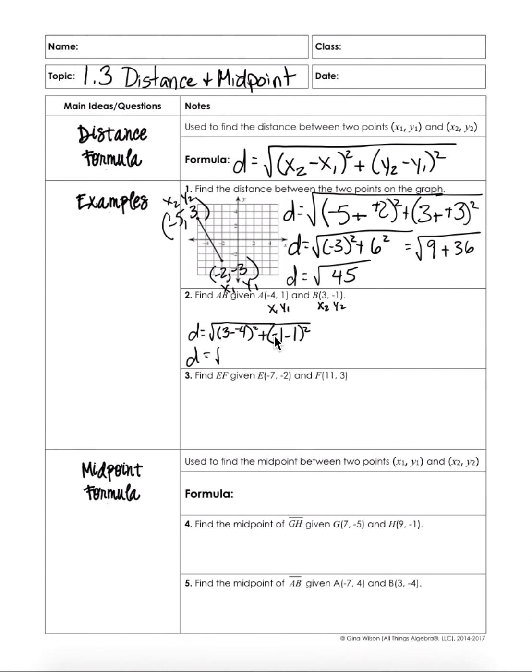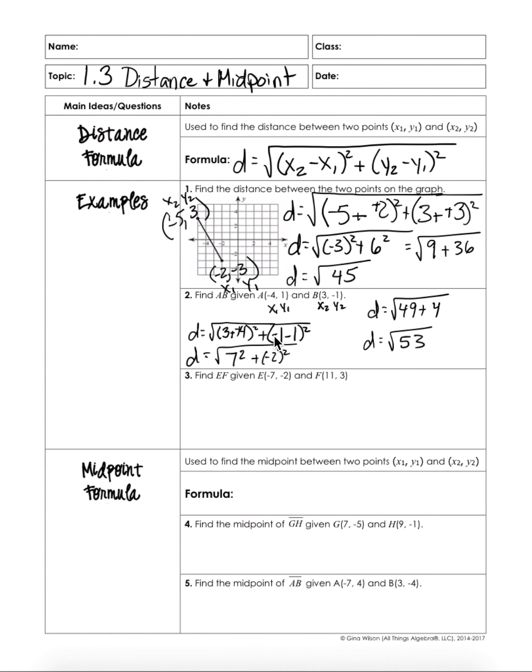So negative 3 minus a negative is going to be adding to make 7 squared, and negative 1 minus 1 is negative 2, which will be squared. And so 7 squared is 49, 2 squared is 4, so that is the square root of 53.